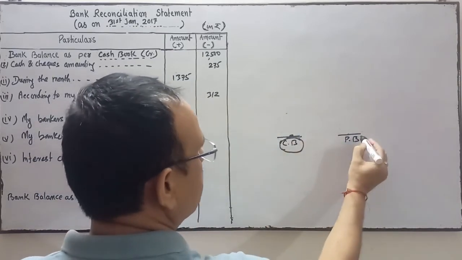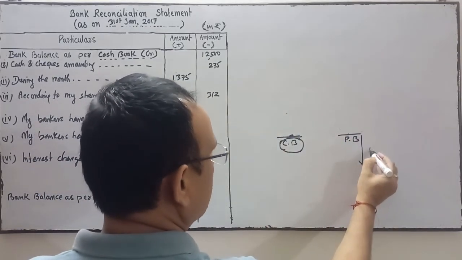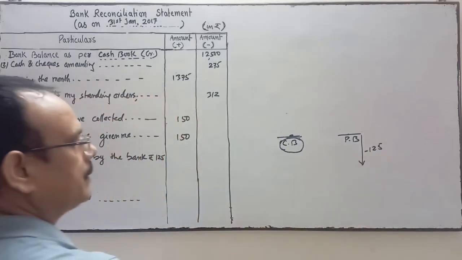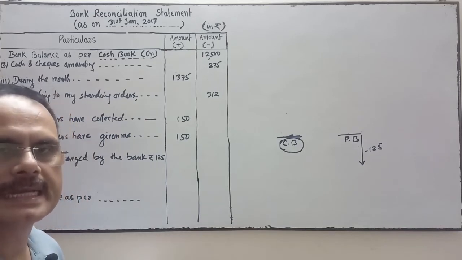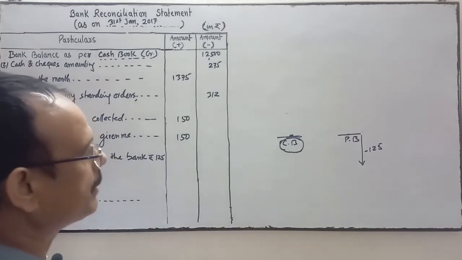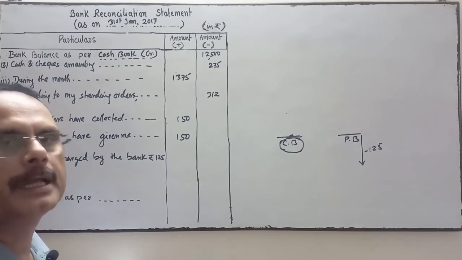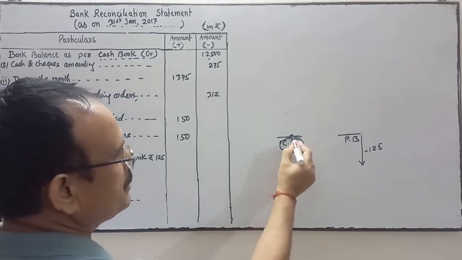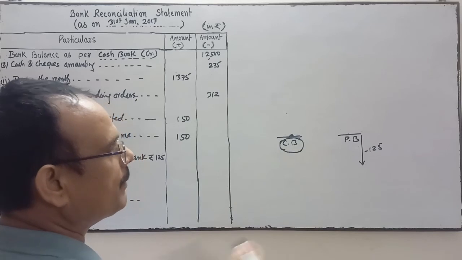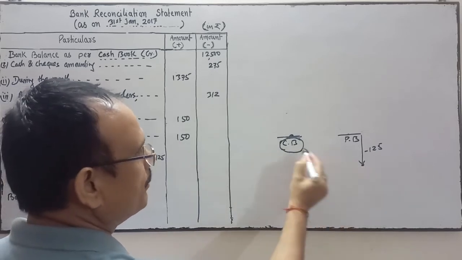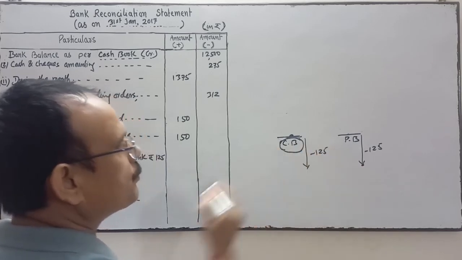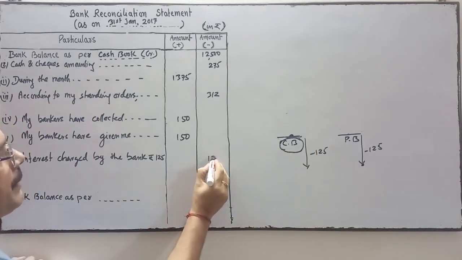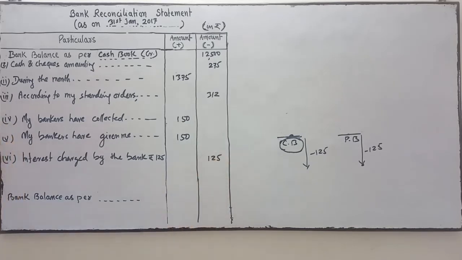So when the bank charged the interest, passbook balance is decreased by 125. That entry is not recorded in cash book because intimation is not sent to us. So that is not recorded by our accountant in the cash book in the payment side. So cash book balance is here as before, whereas the passbook balance is here. To make the balance equal, we'll reduce the cash book balance by 125. So 125 will be in minus side.